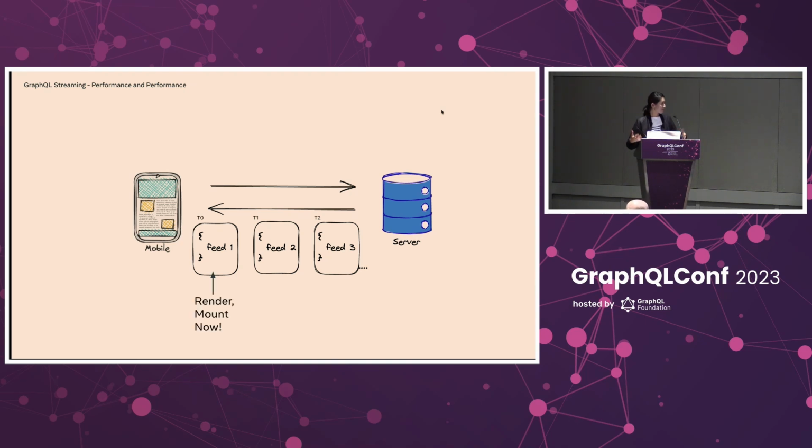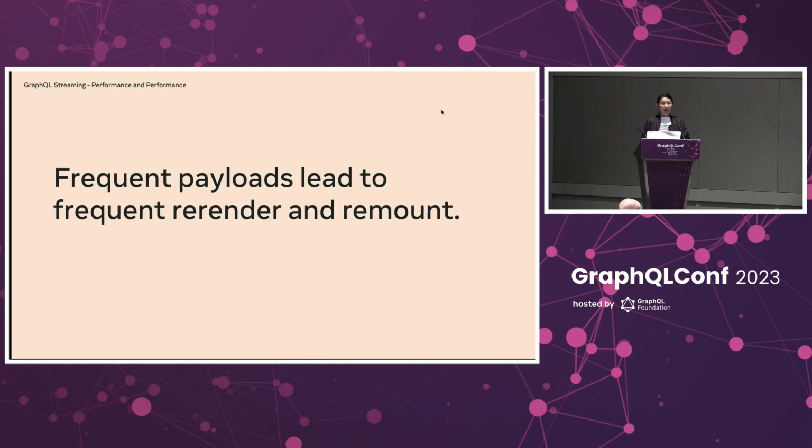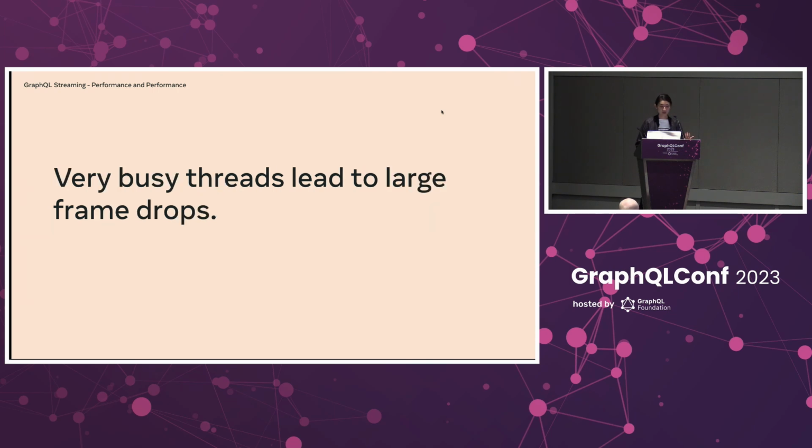And the immediate thing we're going to do is, okay, now the moment I have the first newsfeed, let's parse it, render it, mount. Okay, let's show it to the user. And then the problem is that if you have way too many frequent payloads, it leads to frequent re-render and remount, if our mobile clients are not implementing it very carefully.